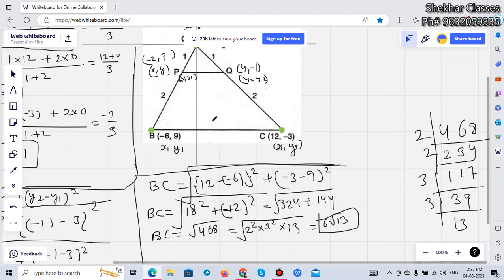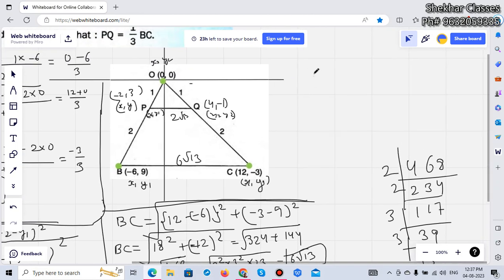So what is BC? 6 root 13, and what is this one? 2 root 13. So what is the comparison? Let's find PQ upon BC. PQ is 2 root 13, and BC is 6 root 13.